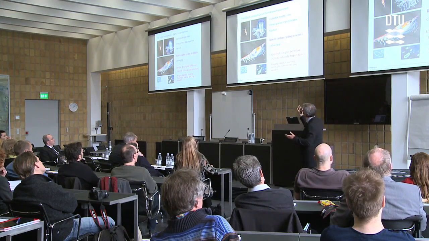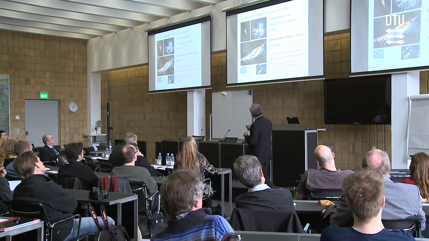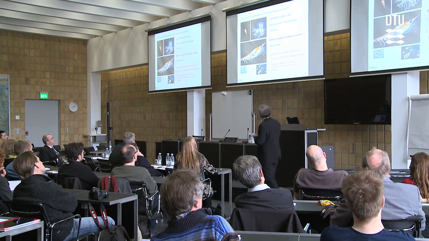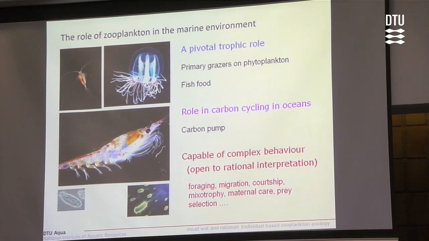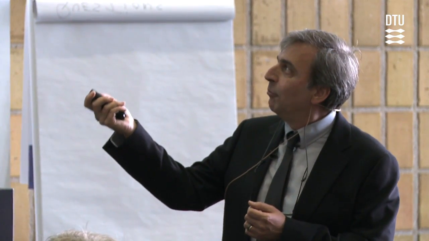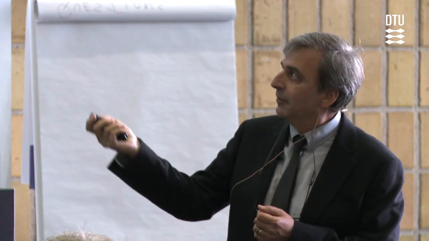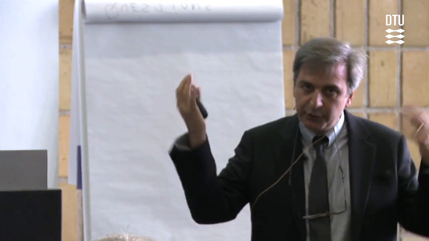So a very brief summary of what zooplankton are. They have a pivotal trophic role. They're essentially primary grazers of phytoplankton and a fish food. That's a pivotal position. They play a role in the carbon cycling of the oceans, and are capable of complex behavior. Amongst other things, foraging, migration, courtship, mixotrophy, all these different things.